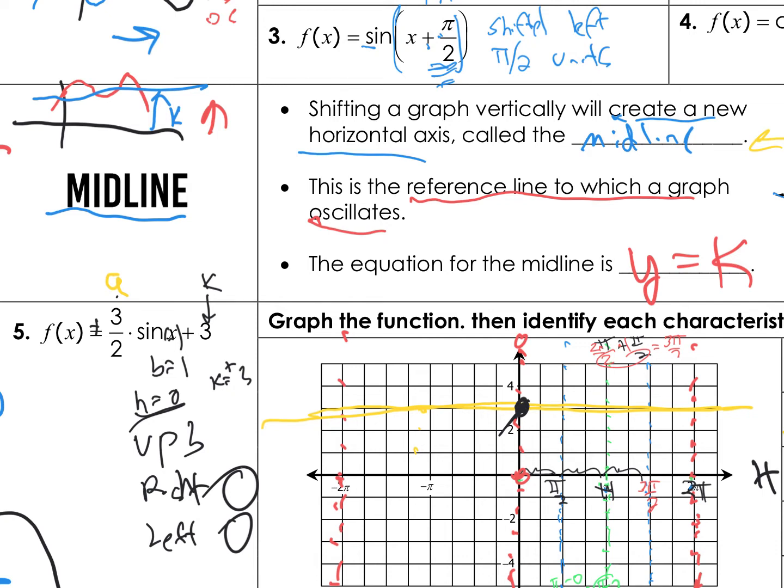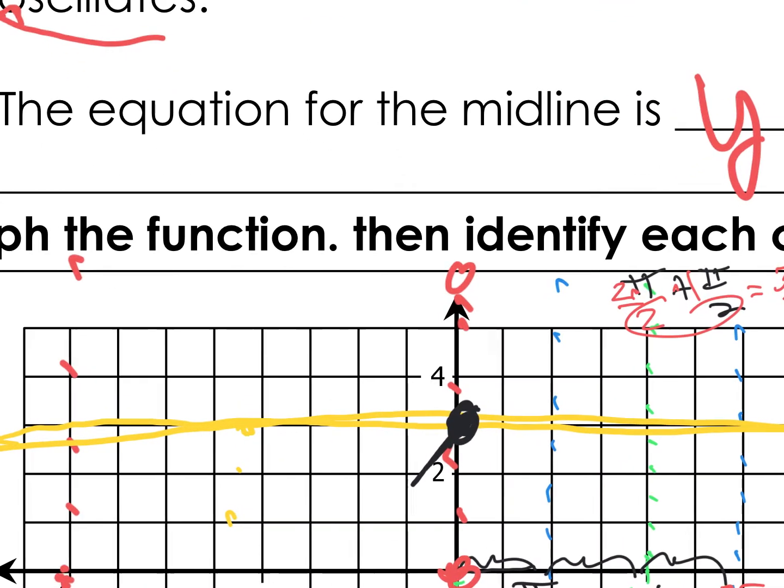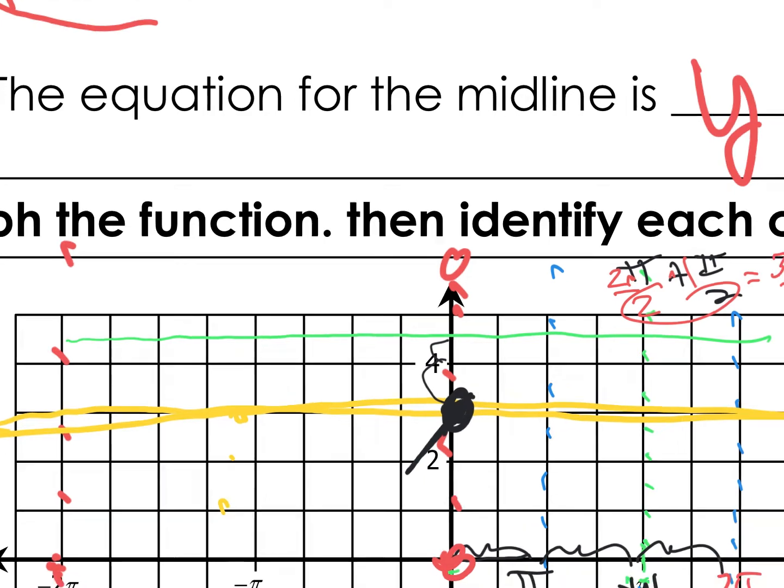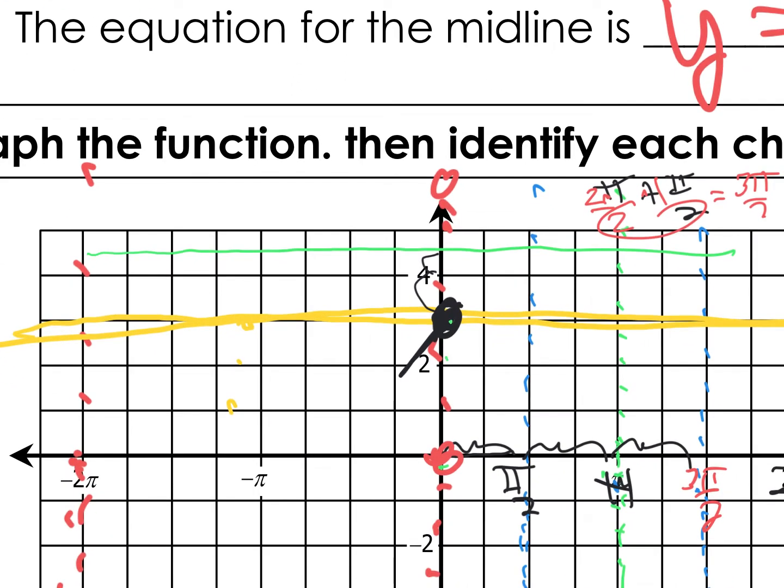And what haven't I done? I haven't decided how 3/2 acts. How high am I going to go? Well, the amplitude is 3/2, so it's 1.5. I have to go up to the top here, and then down 1.5 will be how far down it goes.